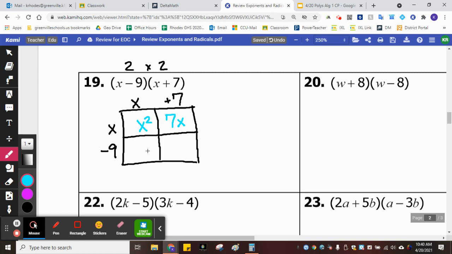X times negative 9, negative 9x, and negative 9 times 7, negative 63. Oh, 16 is if you add. No, we're multiplying.